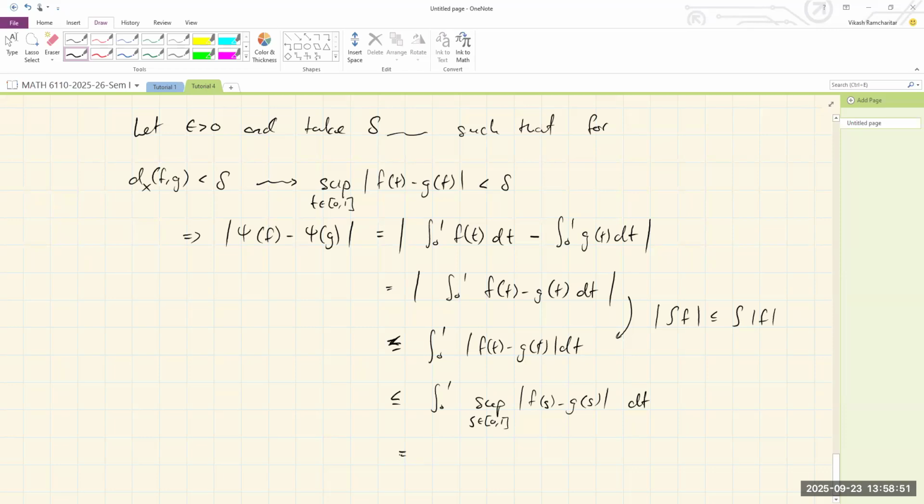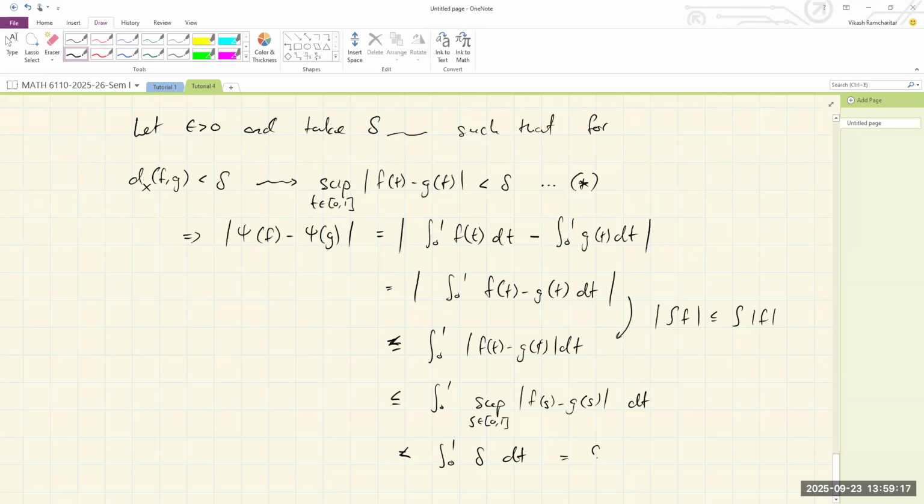In this case, we don't even need to, because look over here from the start, that supremum is less than delta. So this is less than the integral from 0 to 1 of delta dt, and delta is fixed. So I can move delta outside, and the integral of 1 from 0 to 1 is just 1.